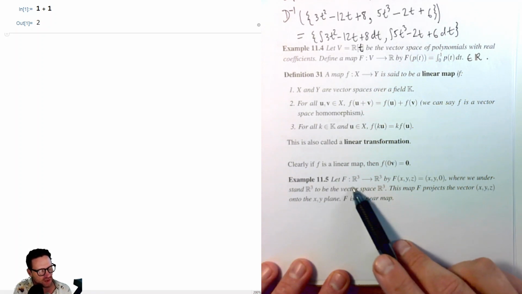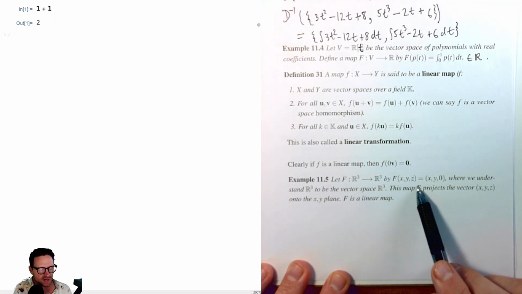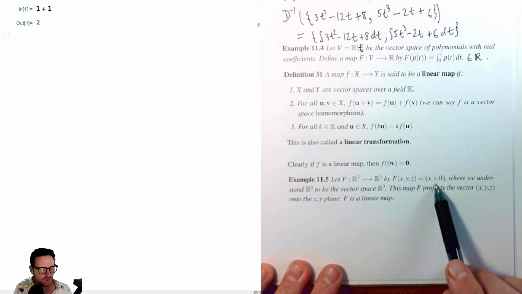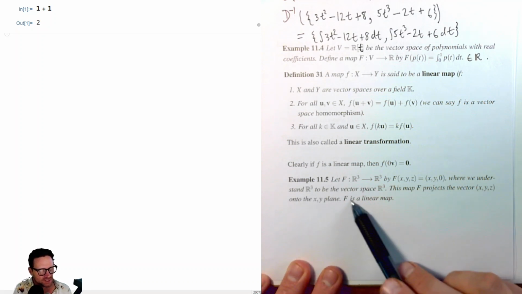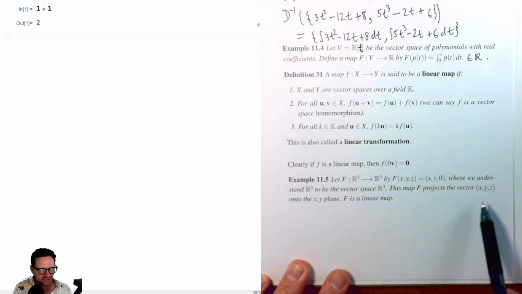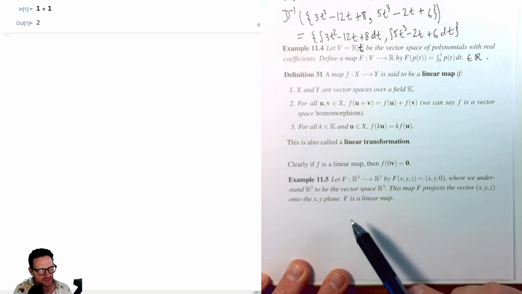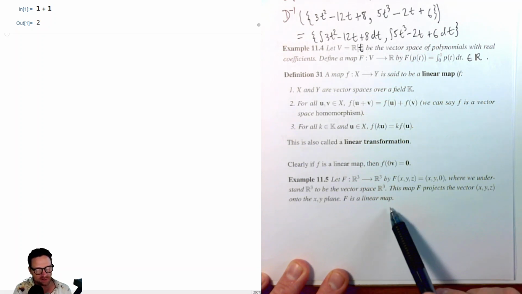Example 11.5. Let f map 3 space to 3 space by f of x, y, z is x, y, 0, where we understand R3 to be the vector space R3. This map F projects the vector x, y, z onto the x, y plane. F is a linear map.